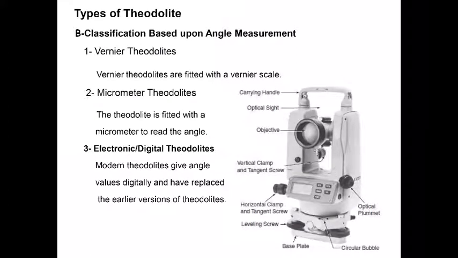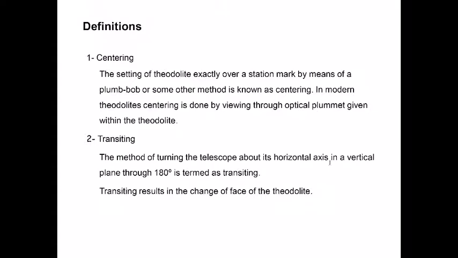So in order to move it very slowly, left or right, you use the horizontal slow motion, or this screw over here. And similarly, if you want to rotate your telescope in the vertical plane, you have this vertical clamp or vertical slow motion over here.